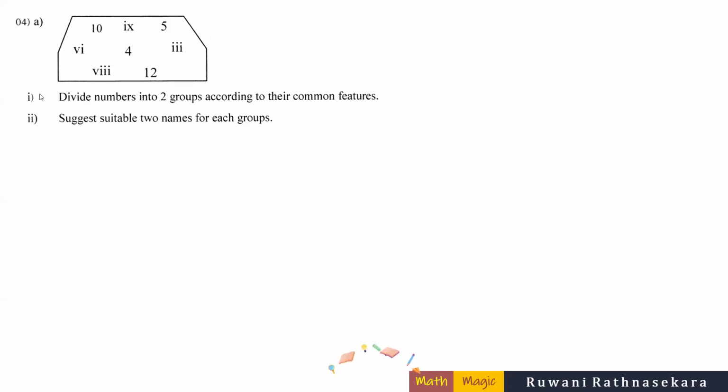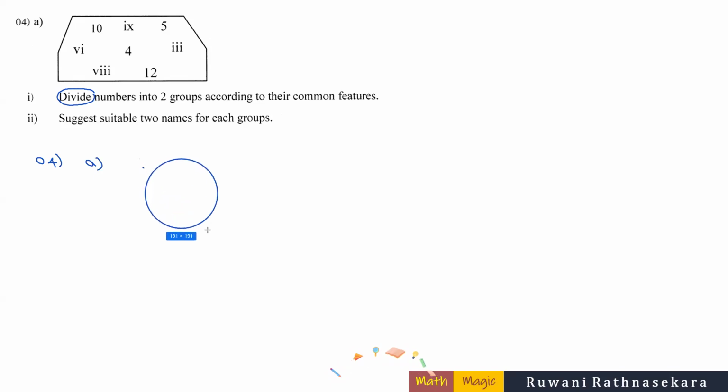Right, you have to divide these numbers into 2 groups according to common characteristics, and you have to name what the 2 groups are. Please pause the video to go ahead. Remember, this division must be done in a closed plane figure. You can draw an oval instead, or a triangle, any shape you like, or even a circle.